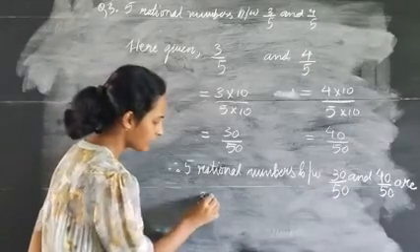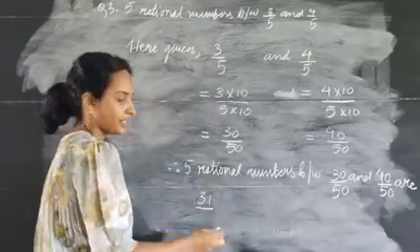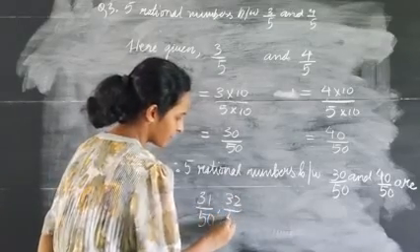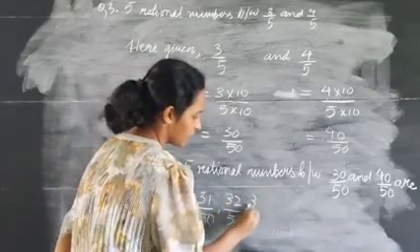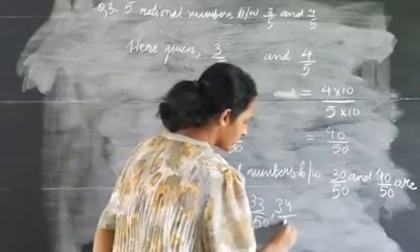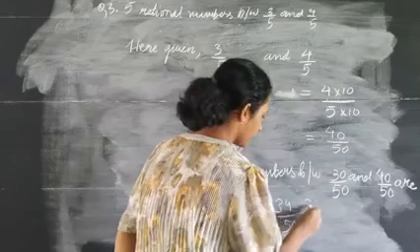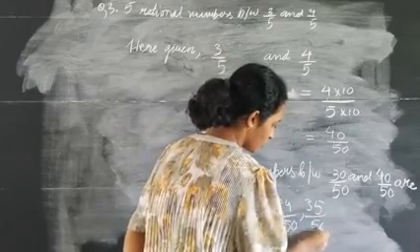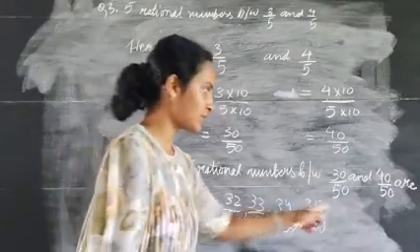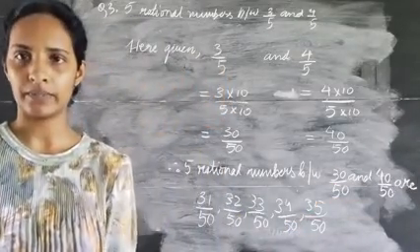You can find any number. 31 after 30, 32 by 50, 33 by 50, 34 by 50, and 35 by 50. Right? Yes. So these are 5 rational numbers between 30 by 50 and 40 by 50.